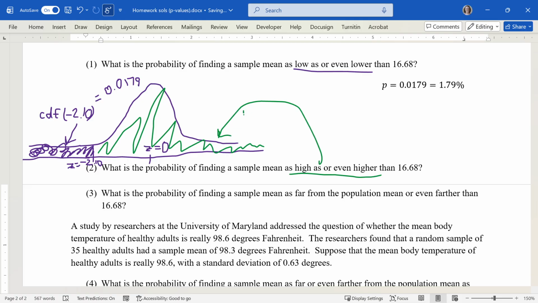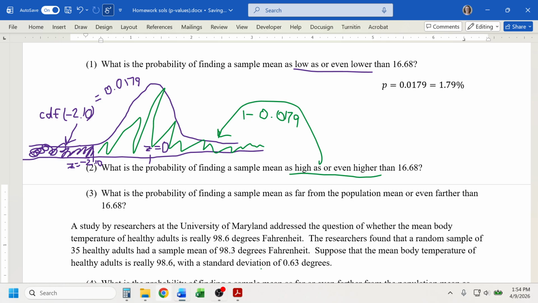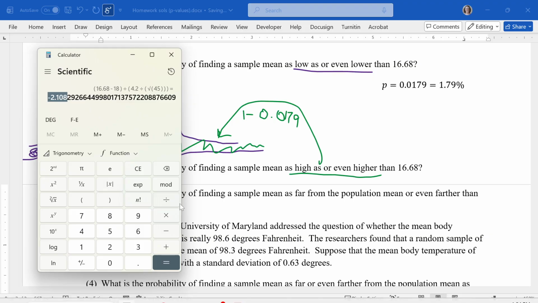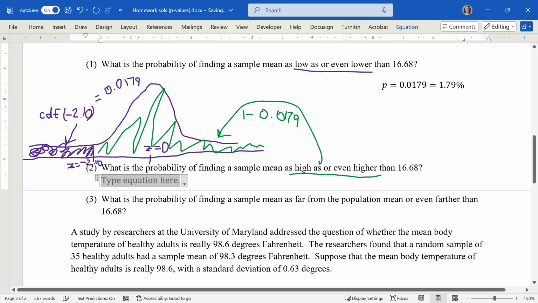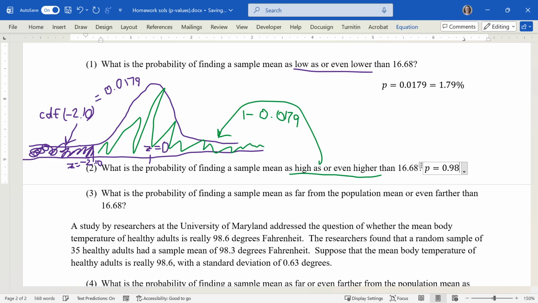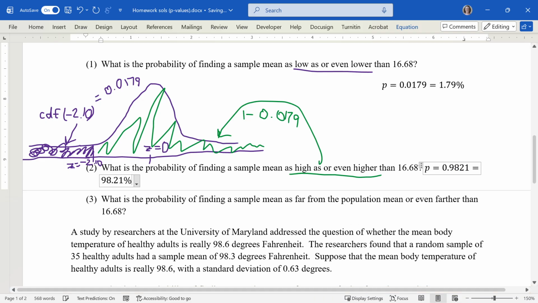So I get that by just doing 1 minus 0.0179. All right, and then I can put that into a calculator, and I get, what do I get? 0.9821, or 98.21%.